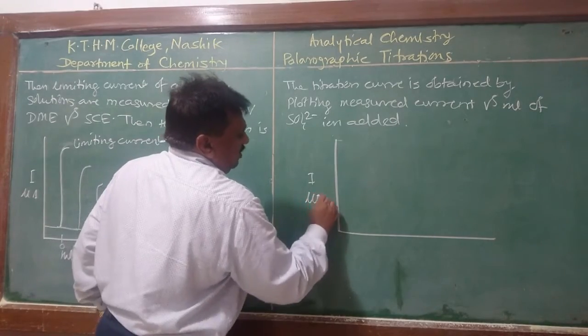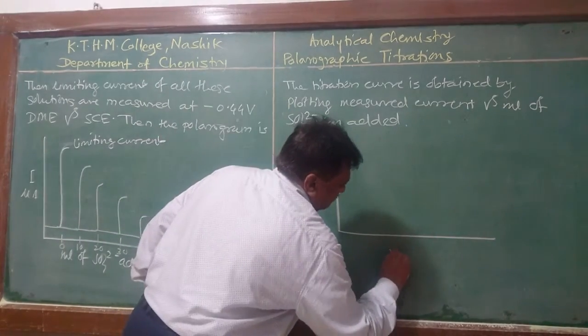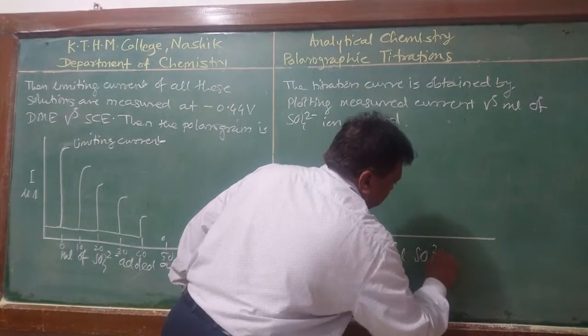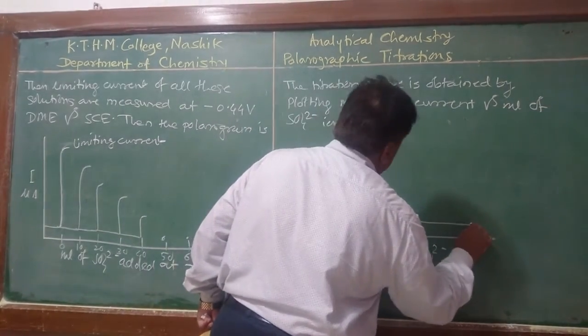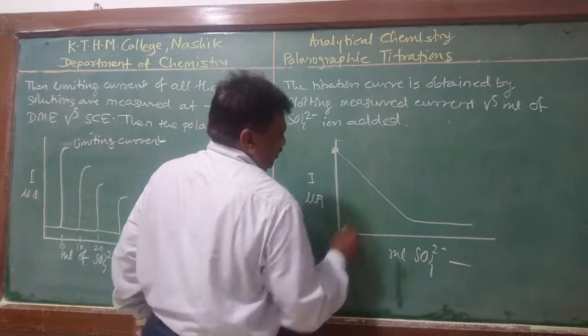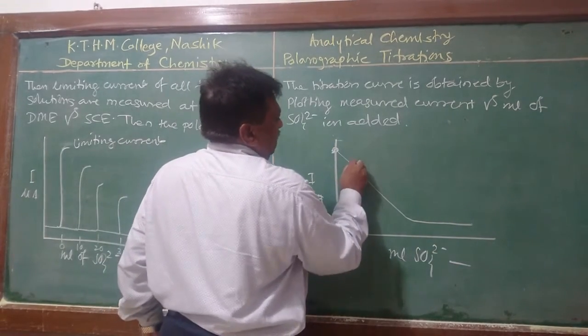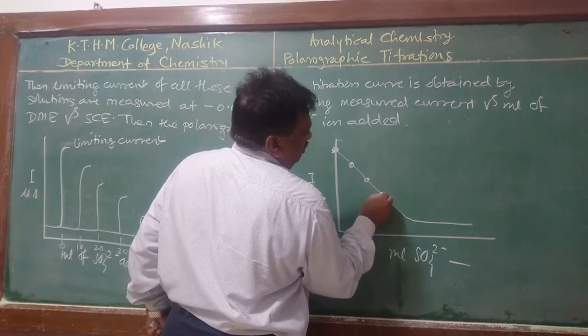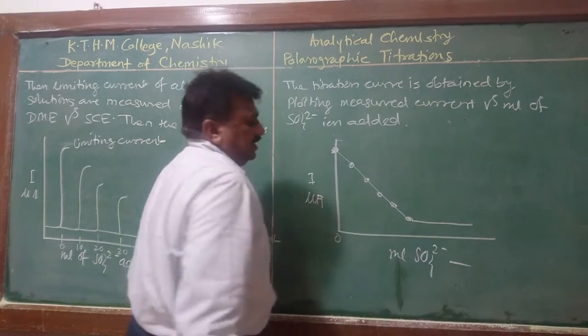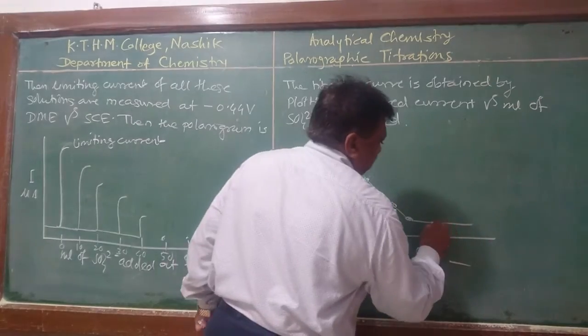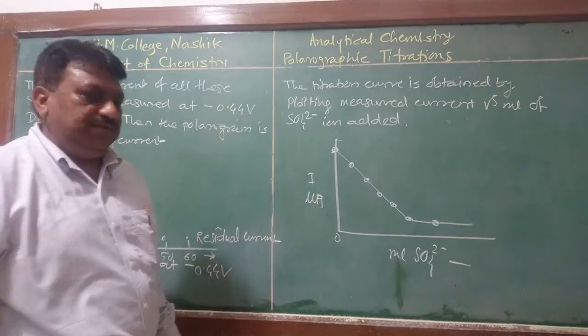Here is current in microampere versus ml of sulfate. Here the graph is like this. This is the first solution, 0 ml, second solution, third solution, fourth, fifth, sixth solution, where current becomes equal to residual current, and this is the seventh solution.